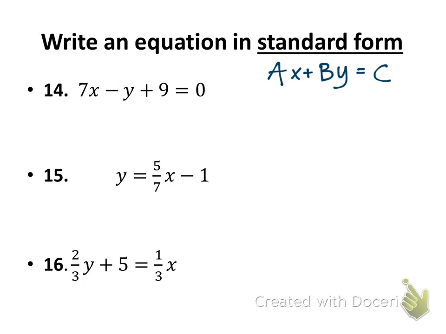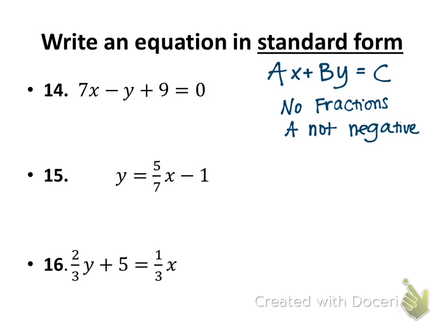What are those 2 rules? No fractions at all in any part. And what's the second rule? A is not negative. What about B or C? Can those be negative? Yes, absolutely. Not a problem. Okay? So no fractions and A is not negative.